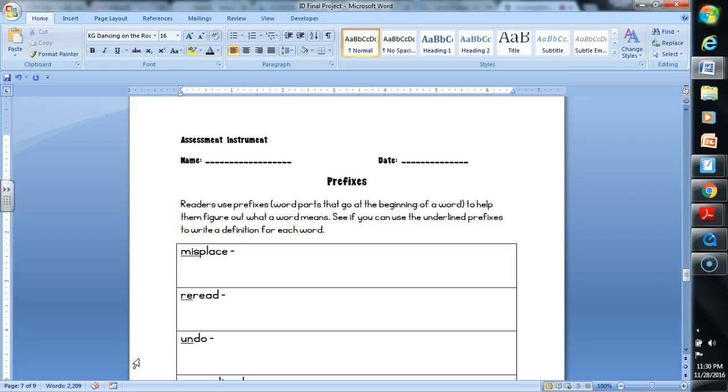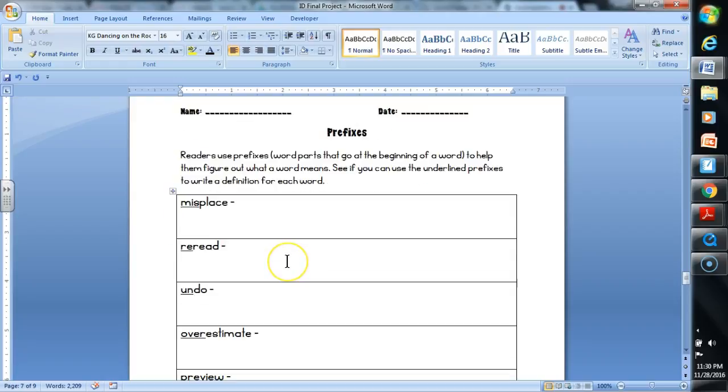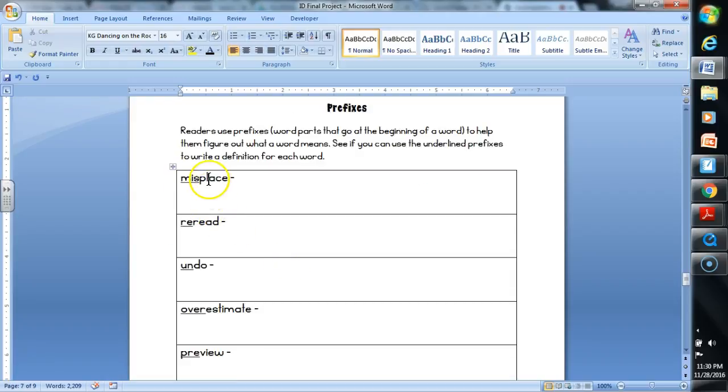So here's the assessment that you see here. The top says, readers use prefixes, or word parts that go at the beginning of a word, to help them figure out what a word means. See if you can use the underlined prefixes to write a definition for each word. So students are being asked to use their knowledge of the root word meaning and the meaning of the prefix to predict or determine the definition of each of these words.